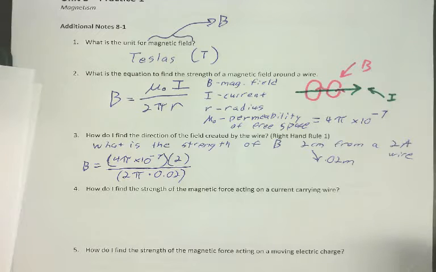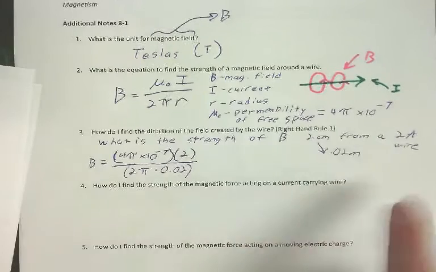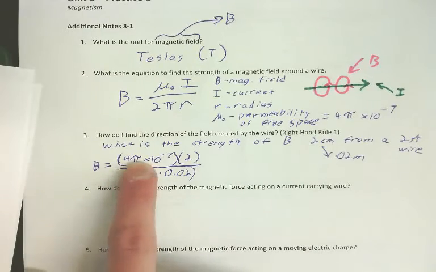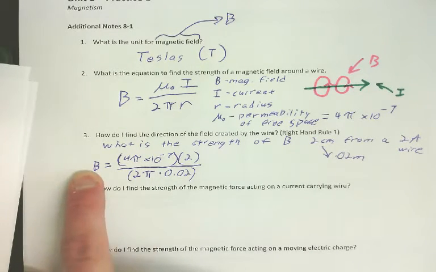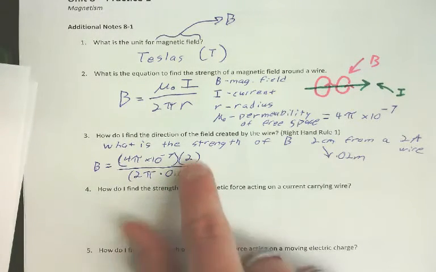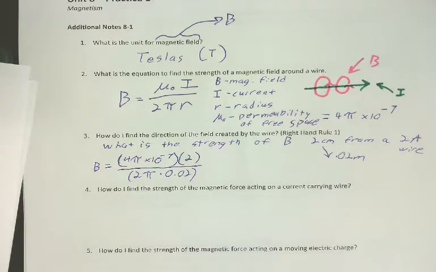Mu was what? The unit, if you want to know it, is Tesla meters per amp. So the unit comes from Tesla meters per amp, so that they cancel out with each other.